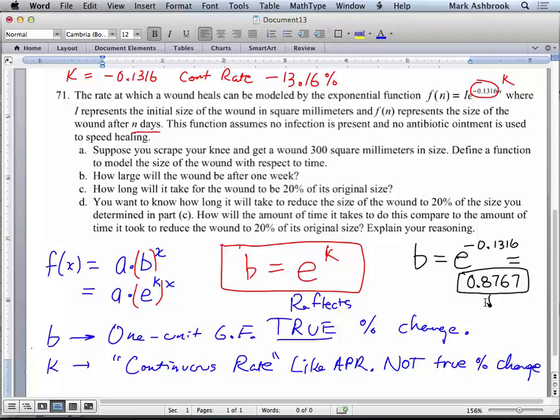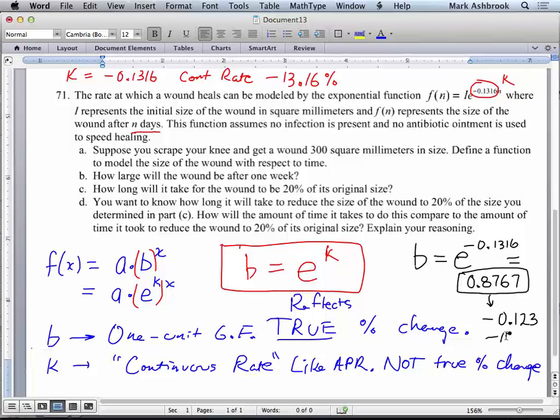So we want 0.87 minus 1, and we get negative what? 0.123, right? By what percent does the wound shrink every day?